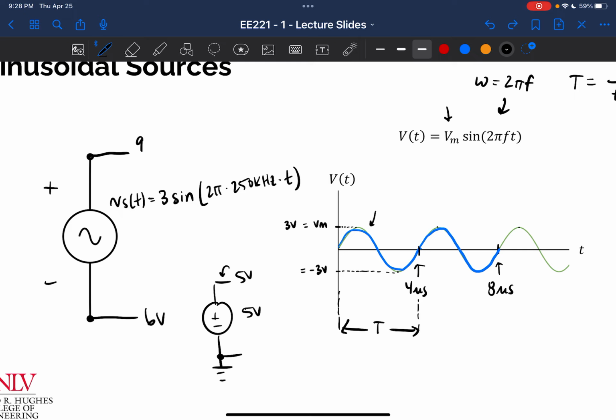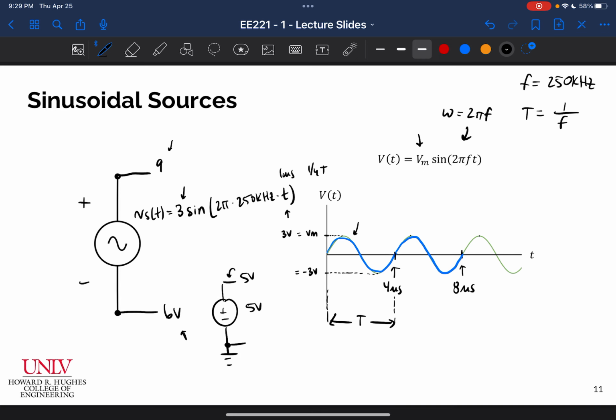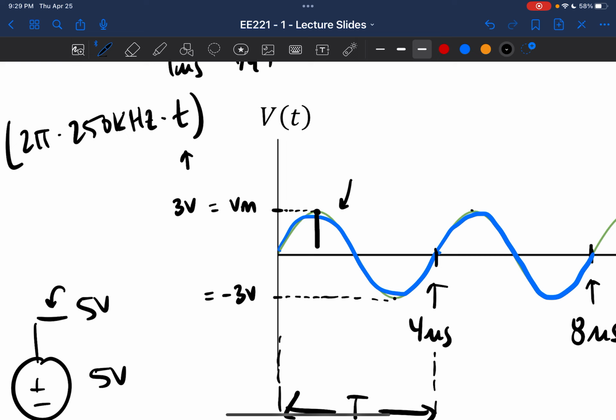I have to take into account the fact that the difference between this point and this point has to be equal to my function at any given time. So when it's at its peak, I would need 9 minus 6 to get me this 3, when t is equal to 1 microsecond at that point, which would be 1/4 of a period. You can work that out if you're interested in figuring out what I'm talking about there with the 1 microsecond.